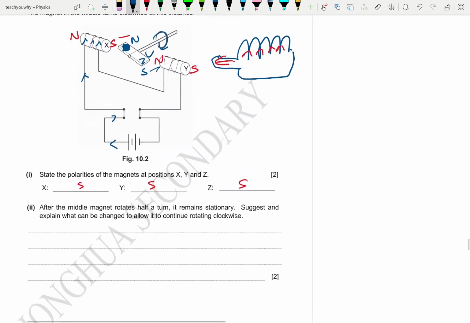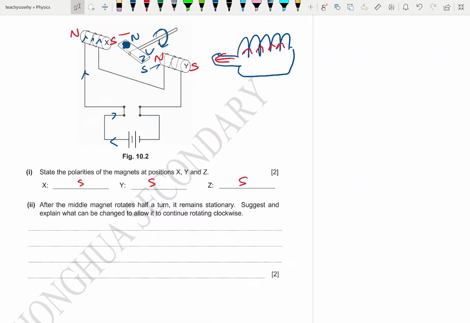So what can we do here? There are a few ways we can do it. We can change the EMF into an AC current. Now, why AC current?